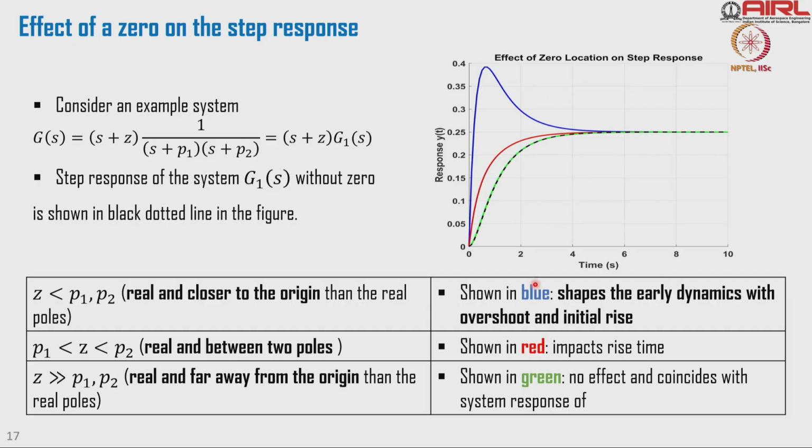If it is far away from the poles, there will not be any change, there is no effect of that particular zero. But if it is between two poles, there will be a change in behavior. And if it is closer to the imaginary axis, the response gets affected significantly. So we need to understand where the zero is.